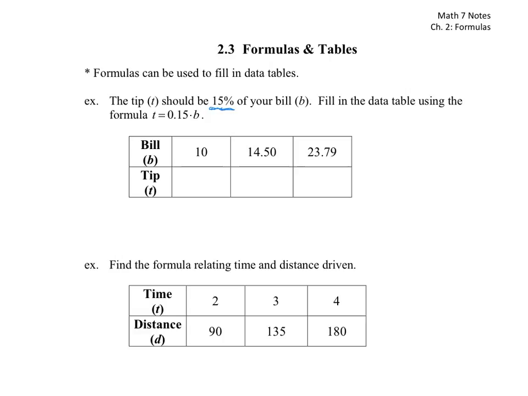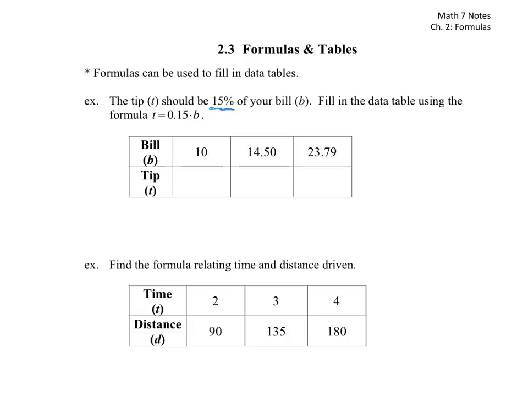Fair enough? And to fill in this data table, essentially what you do is this top row is this lowercase b, so 10 is my first b, 14.5 is my second b. So we're just going to take those numbers and put them in for b. So if you grab a calculator, do 0.15 times 10, it gives us $1.50.